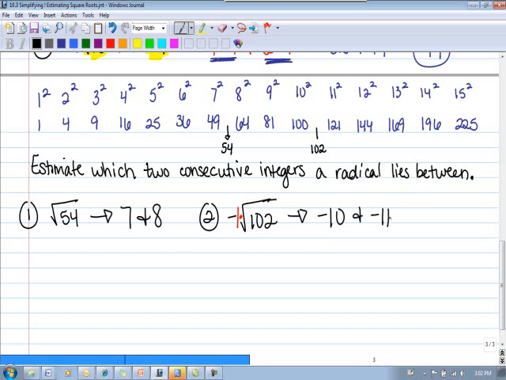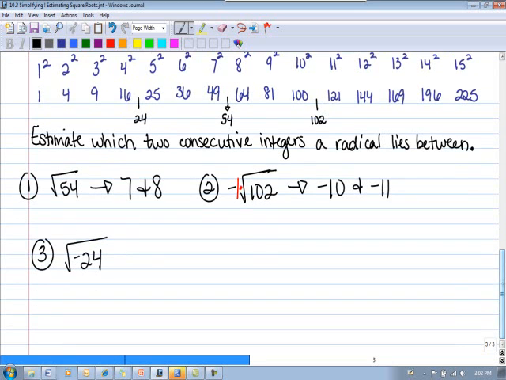And last but not least, the last problem you might see or come across, what if we took the square root of negative 24? Now, your natural instinct is to say that 24 is right here in between 16 and 25. However, you look at this problem a little more closely, and you notice there's an issue with it. That negative underneath the radical sign is not allowed.